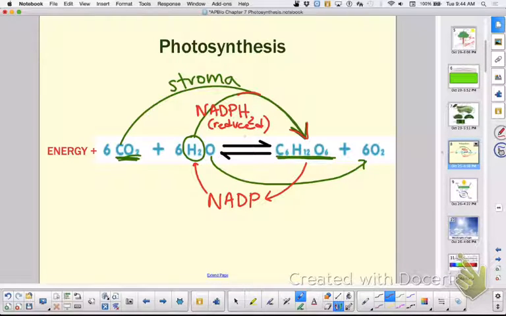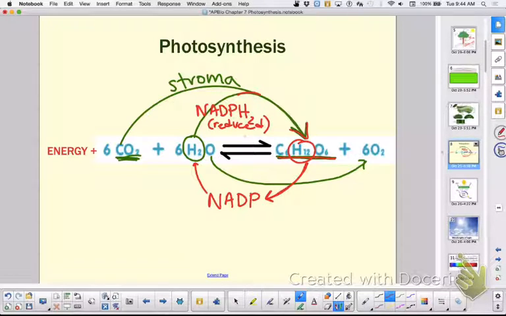It's going to then give that energy to CO2 to turn it into what? These hydrogens here were held by NADP temporarily. Once the CO2 gets those hydrogens, then now NADP has given them up. It just got what? Oxidized. And then it can happen again and again and again. Okay, that's your big ticket.